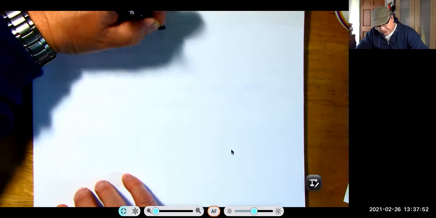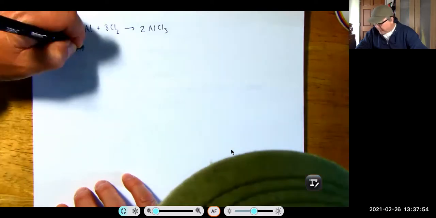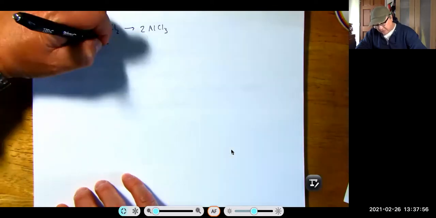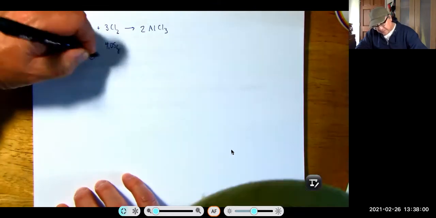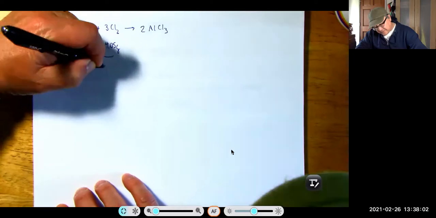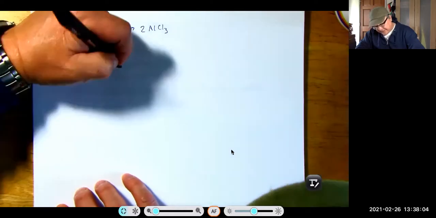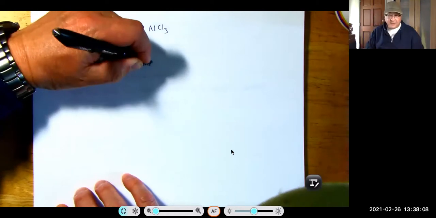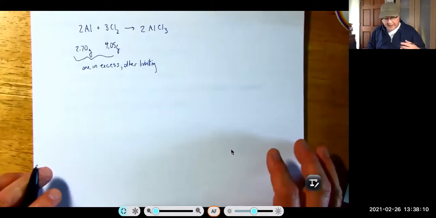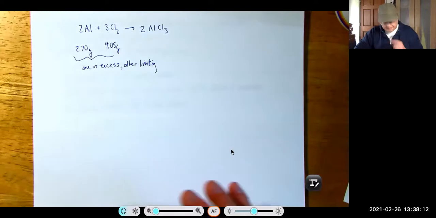Now we have 2.70 grams of aluminum and we have 4.05 grams of chlorine. One is in excess and the other is limiting, and we don't know which one. Well, we already know, but let's see if this way gives us the same answer.